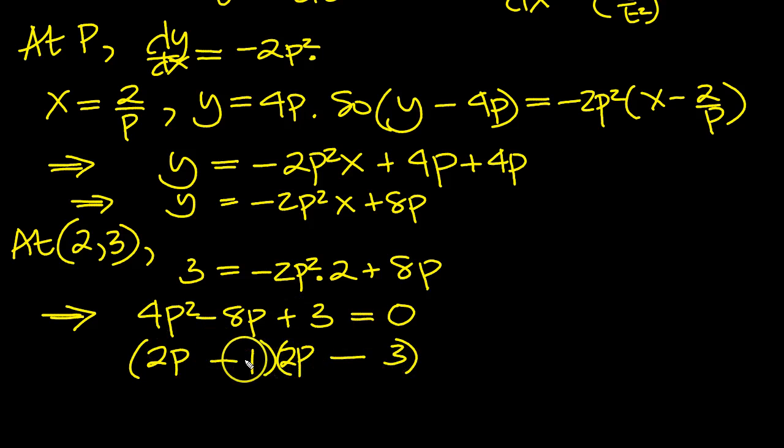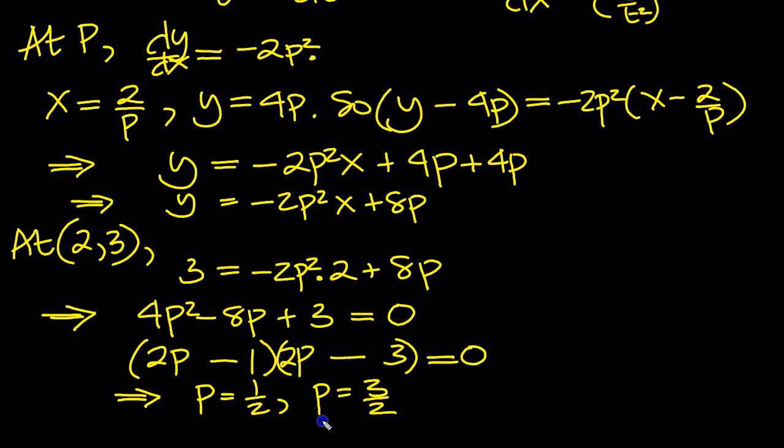Minus 6 minus 2, which is minus 8, and then minus times minus is a plus. 3 ones are 3, so that's fine. So this gives us 2 possibilities. This one is 0 when p equals a half, and this one is 0 when p is equal to 3 over 2, isn't it? So here's our 2 possible values of p.